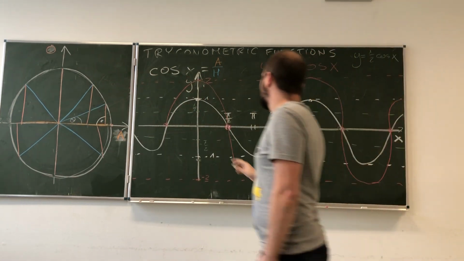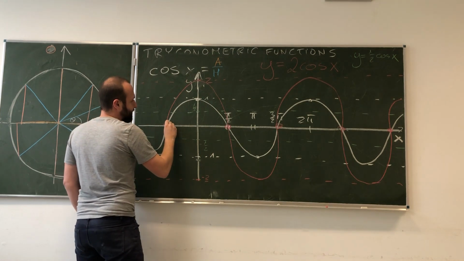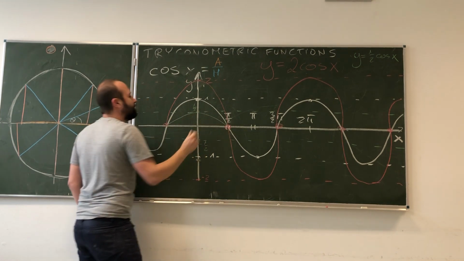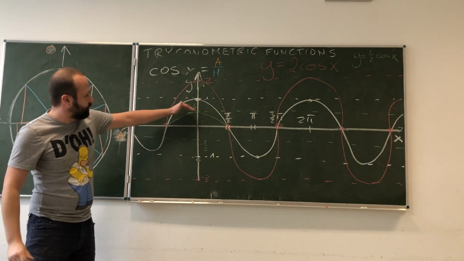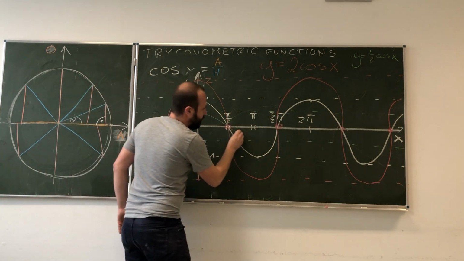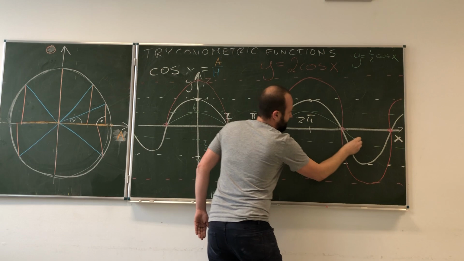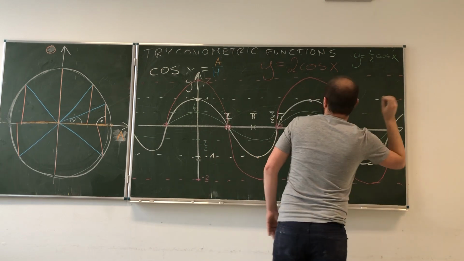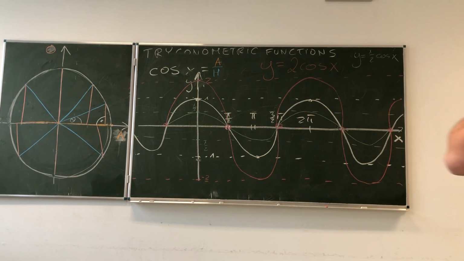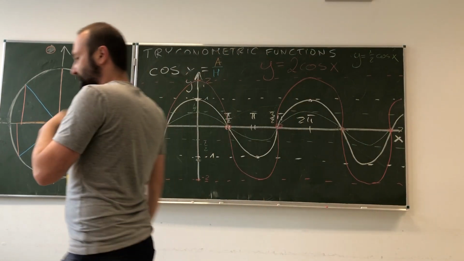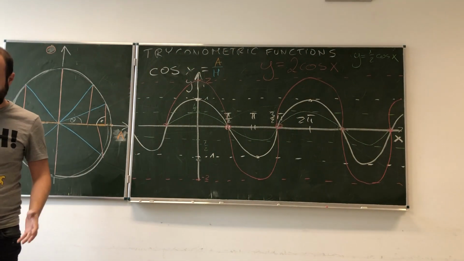And then we just need to draw the function exactly the same as this one, just with the same periodicity. We would just go on lower values.